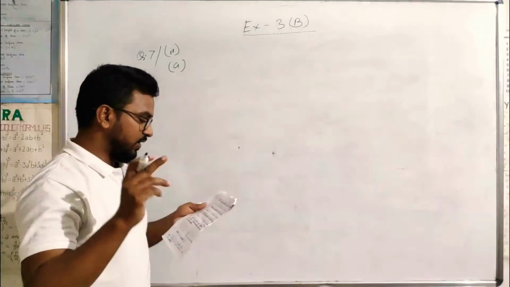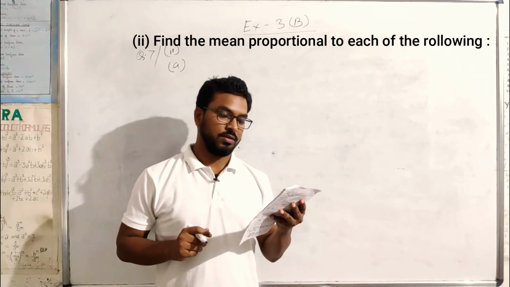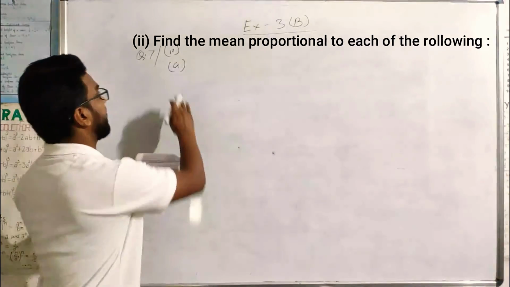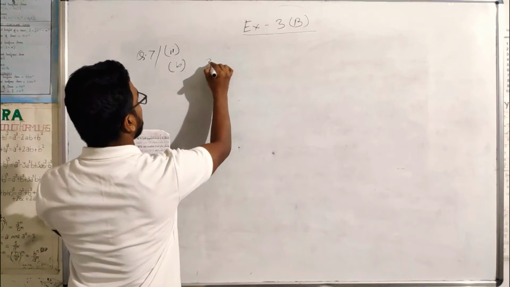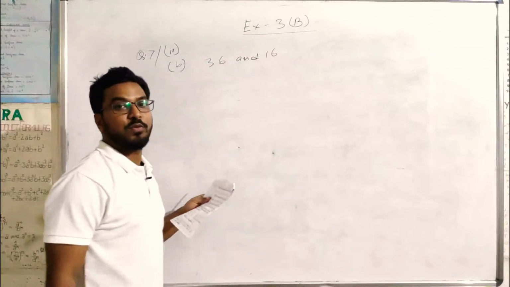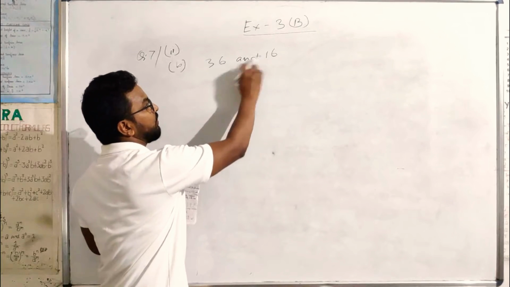Okay, so our next question is, find the mean proportion to each of the following. From Roman number 2, let me do B. Okay, so the numbers given are 36 and 16. Now what is mean proportion? Mean proportion means the number in between these two numbers.